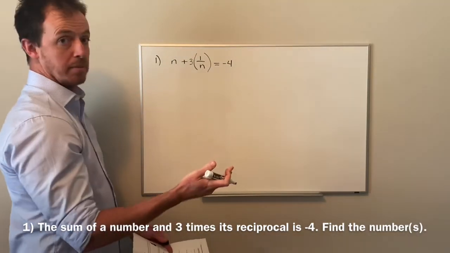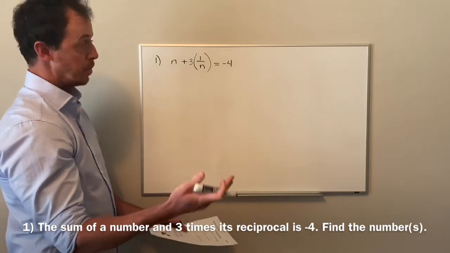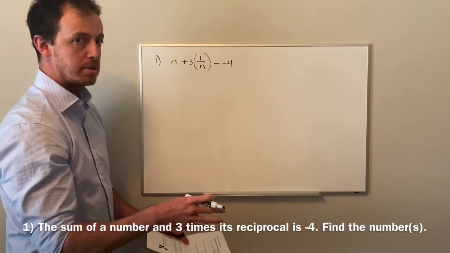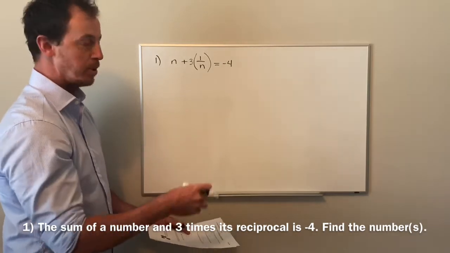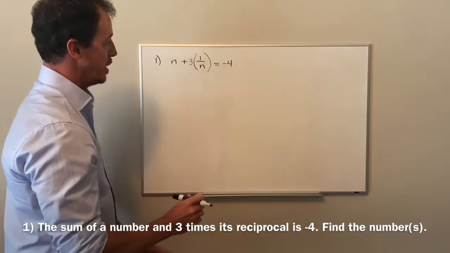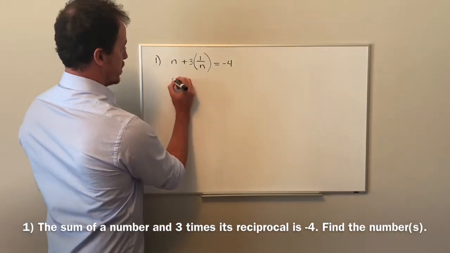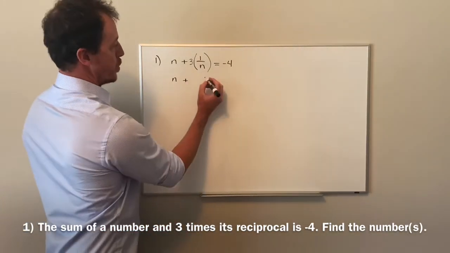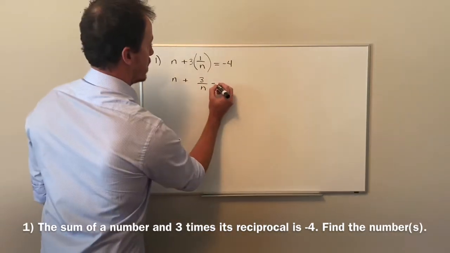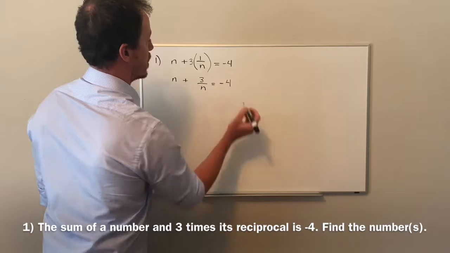And so if we can get that far, then we're just solving an equation. Now we do have to use our rational equation solving techniques that we learned in the previous lesson to do it. But most of these aren't too bad. So just to make this look a little nicer, 3 times 1 over n is actually 3 over n equals -4.